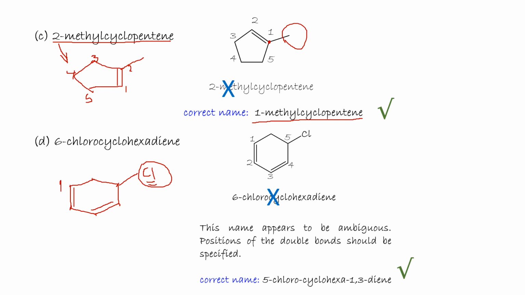So it should be 1, 2, 3, 4, 5, 6, and the right name will be 5-chlorocyclohexa 1,3-diene. Again, in the problem, they did not locate the diene. Where is the diene? We have to really give the number for 1,3-diene.